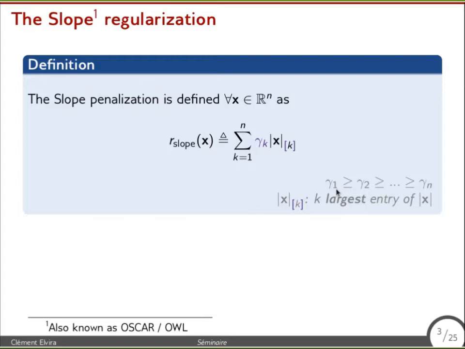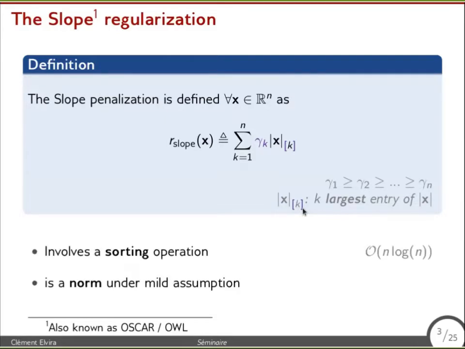I will use the bracket notation to refer to the sorted entries. When I write |x|_[k], it means that I am referring to the k-th largest entry of a vector. During the whole presentation, I will assume that the entries are sorted.